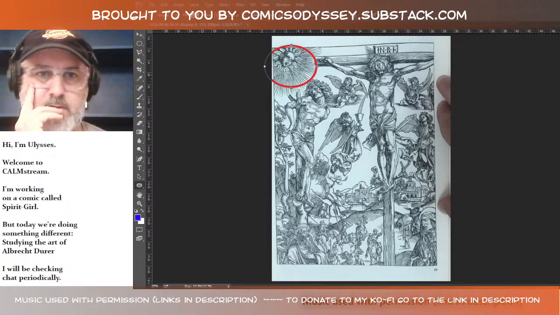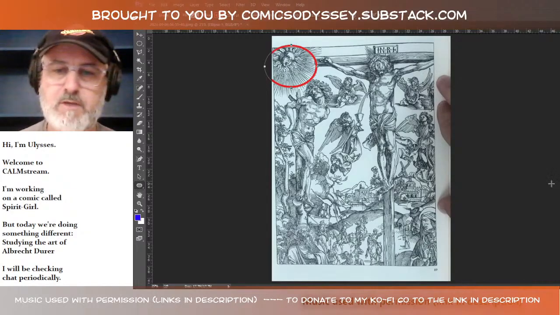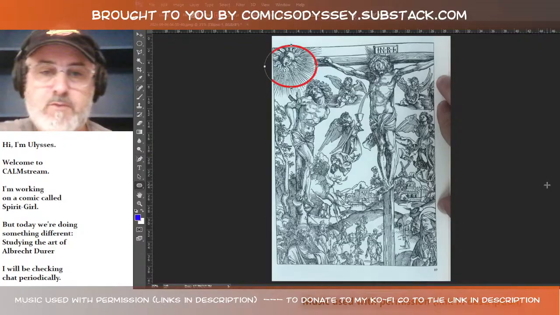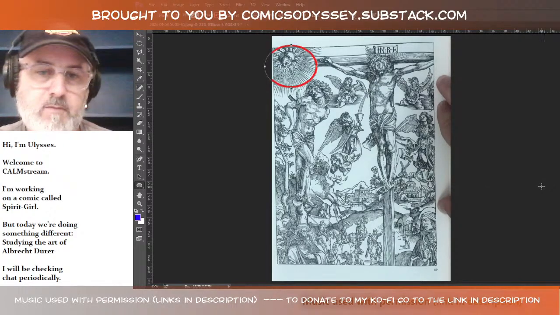He places a figure so that your eye doesn't leave in negative space. So I'm looking at this as kind of panel composition possibilities. So these are things to remember, right?